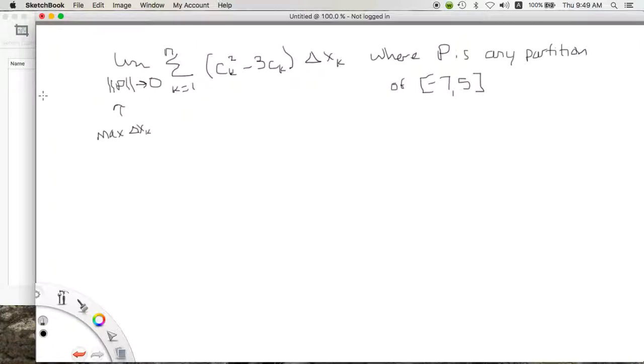So how do we write this as an integral? Well, the way you would write it as an integral, we're going from -7 to 5, and this gives us our function. It's x squared minus 3x, because remember, this is f at c k in our Riemann sum notation. And then, just like with derivatives, the capital delta gets smaller and smaller and becomes a lowercase d, which we just write as a dx.